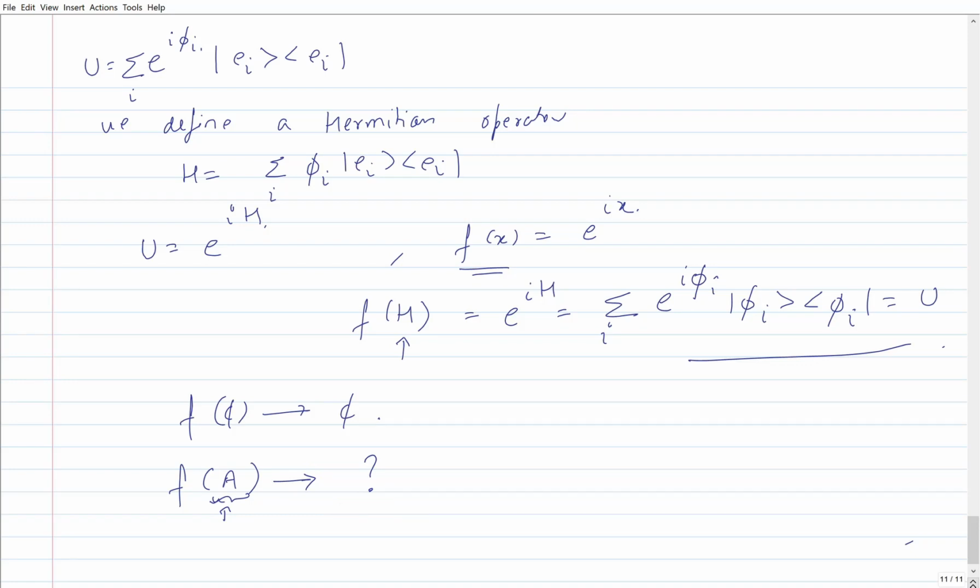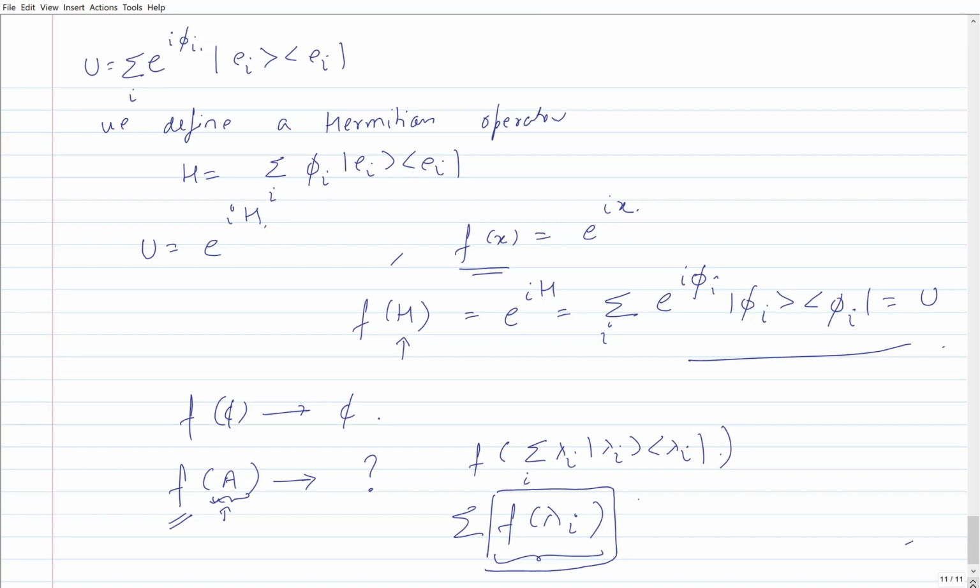I take a spectral decomposition of the operator, and the function part shows up as the function of the eigenvalues of the original operator, and this retains the same eigenvectors as the parent operator.